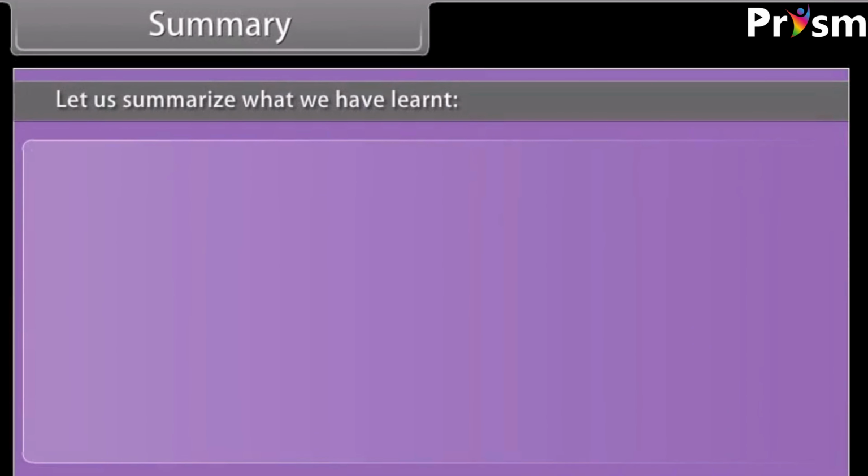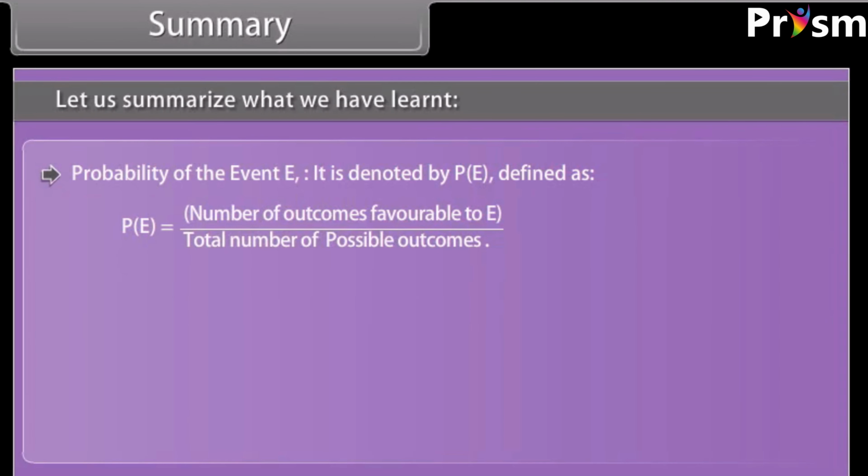Summary. Let us summarize what we have learned. The probability of the event E, denoted by P(E), is defined as P(E) equals the number of outcomes favorable to E divided by the total number of possible outcomes.